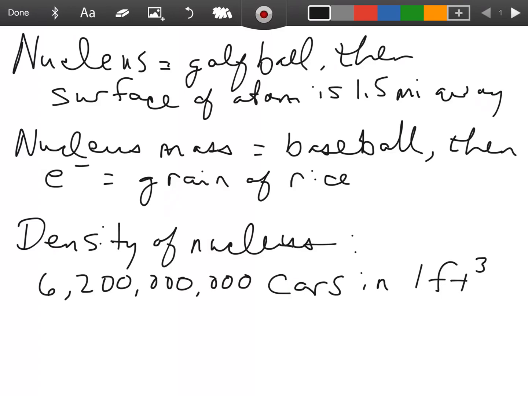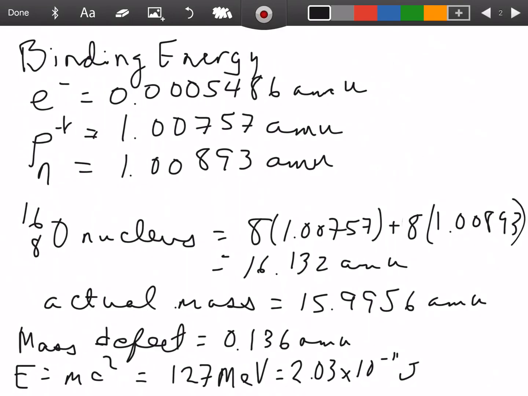How much mass would have to be in there to equal the density of a nucleus? You would have to put in 6.2 times 10 to the ninth, or 6.2 trillion automobiles, put all of their mass into a 1 cubic foot sized space, and that would be equal then to the density of a nucleus. It's a very difficult thing to imagine, but true nonetheless.